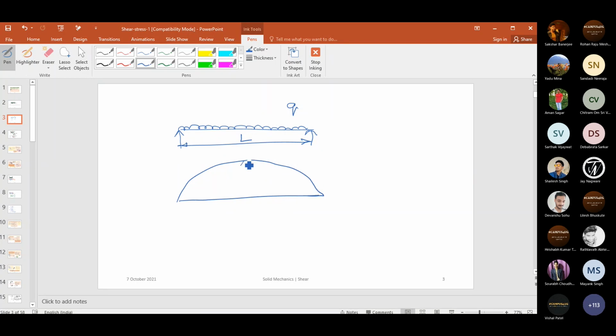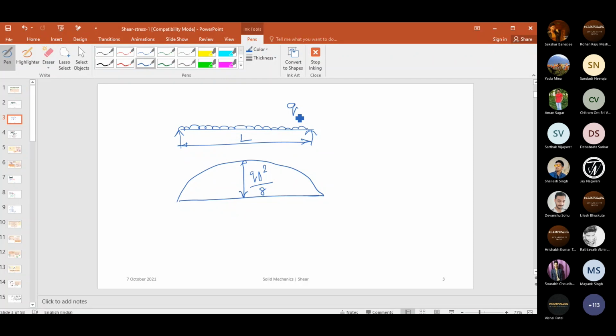This we have seen. What would be its ordinate at the center? Anybody? Sir, qL square by 8. qL square by 8. Very good.